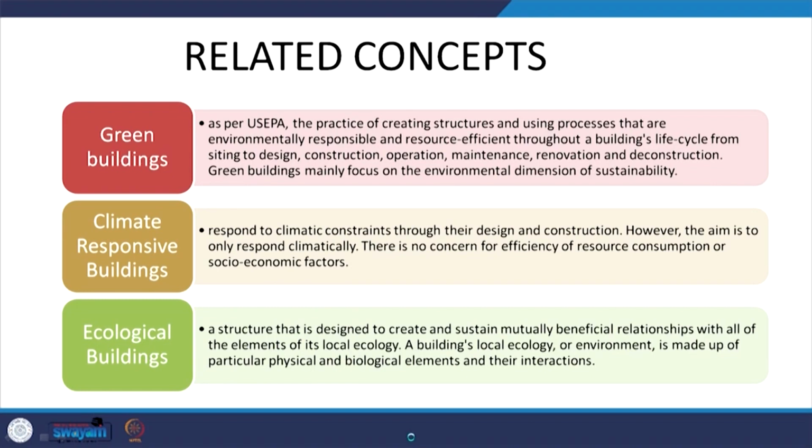So, here green buildings mainly focus on the environmental dimension of sustainability, and the other dimension, which is the social dimension especially, takes a little backseat. I am not saying this is not being addressed at all, but there is a greater focus on the environmental aspects when we talk about green buildings.